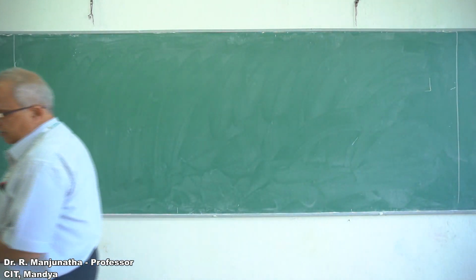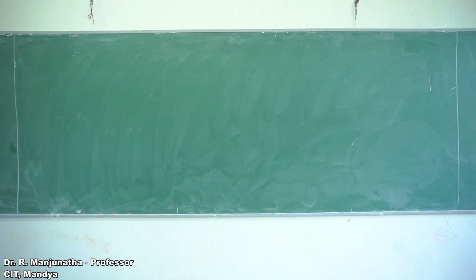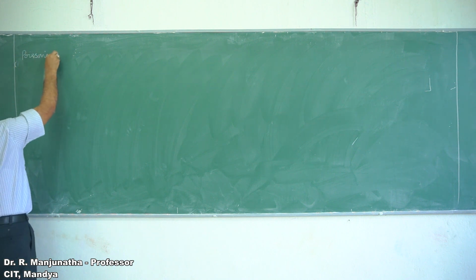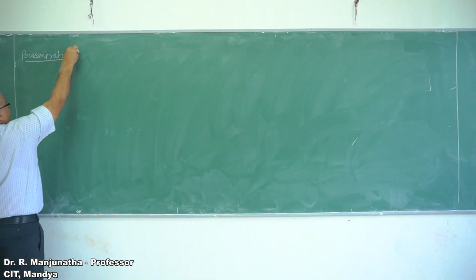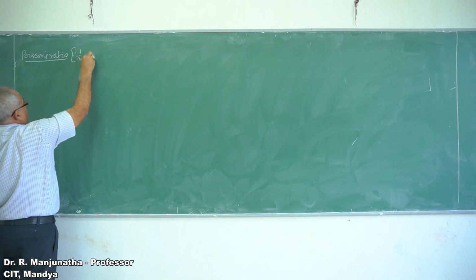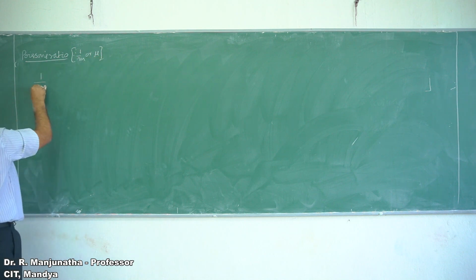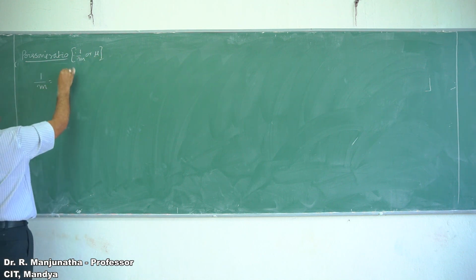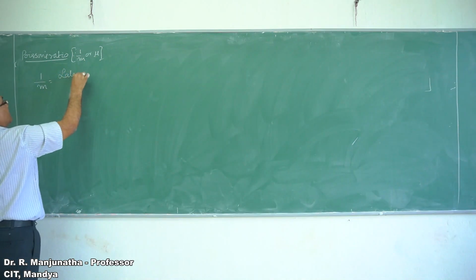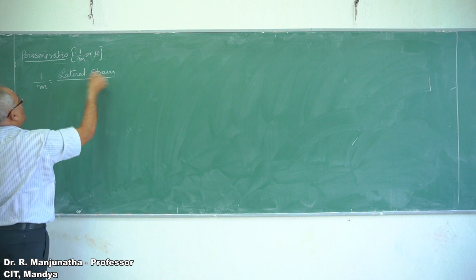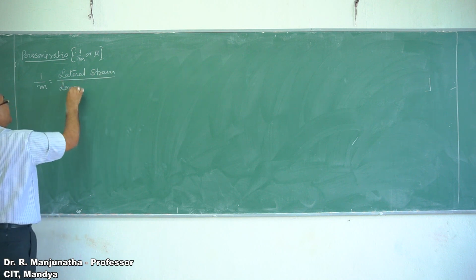So the Poisson's ratio, 1 by m or mu, is given by the ratio of the lateral strain to the longitudinal strain.